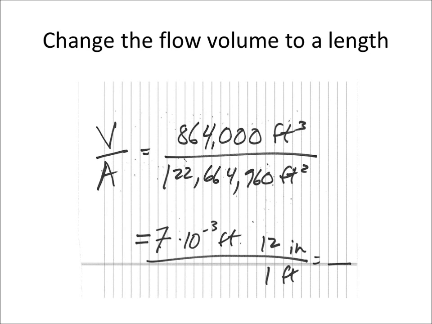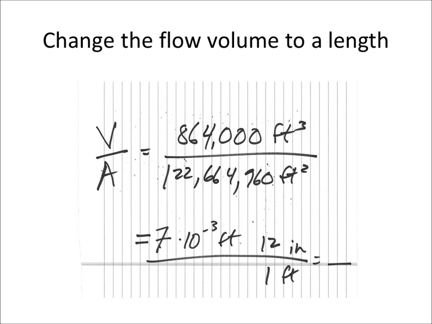We divide it by the surface area of our watershed, 122,664,960 feet squared. And we come up with a number of feet of water that the flow represents as output from our watershed. So in this case, it's 7 times 10 to the minus 3 feet.